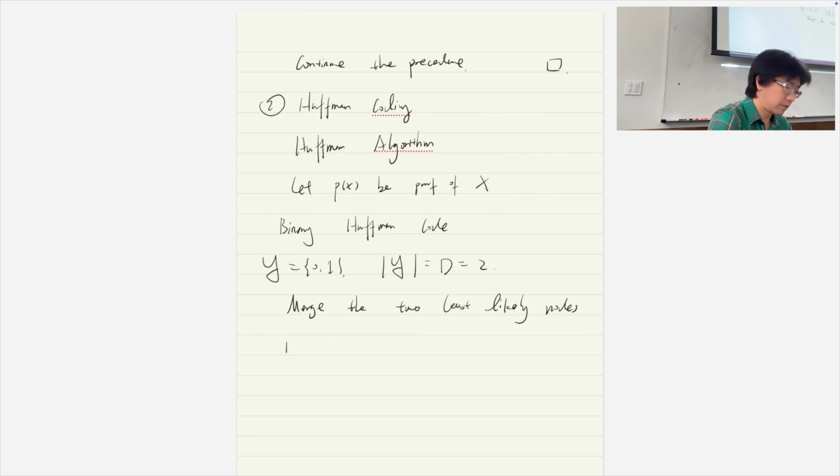Merge the two least likely nodes into one new node with probability equal to the sum of the children nodes.